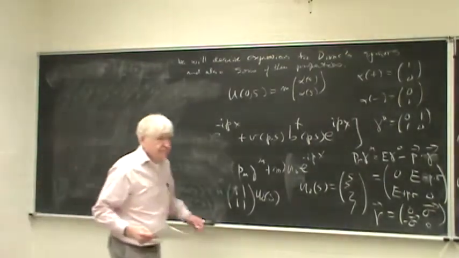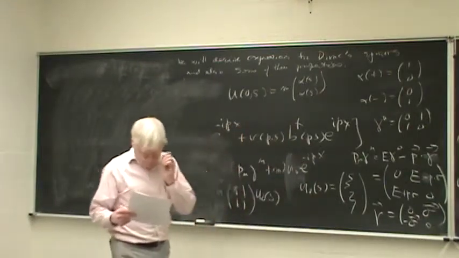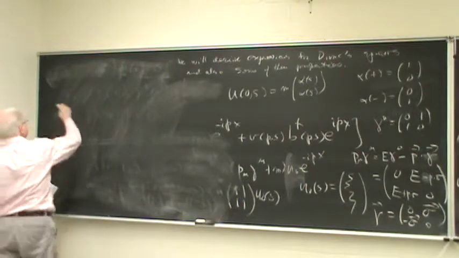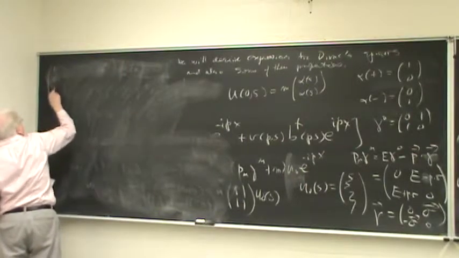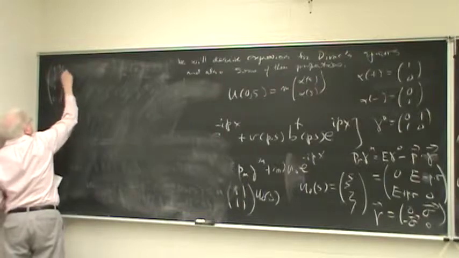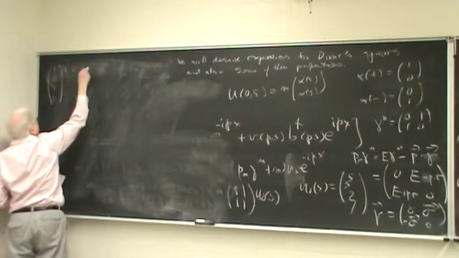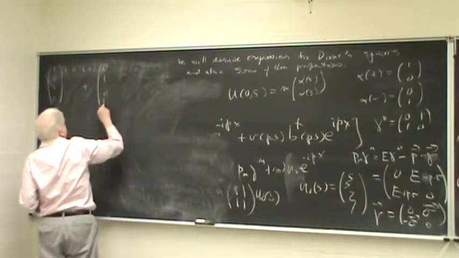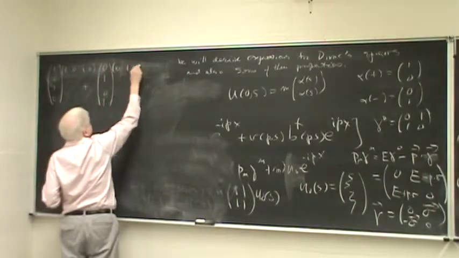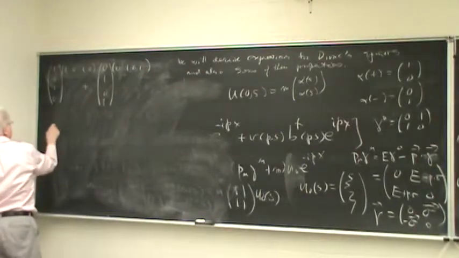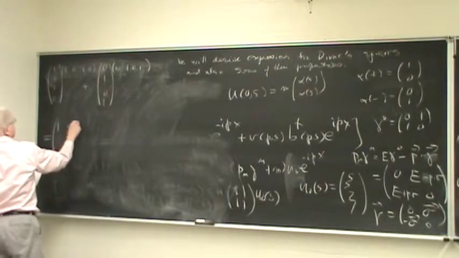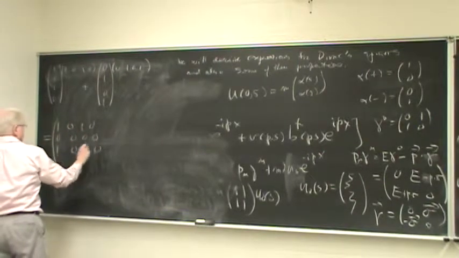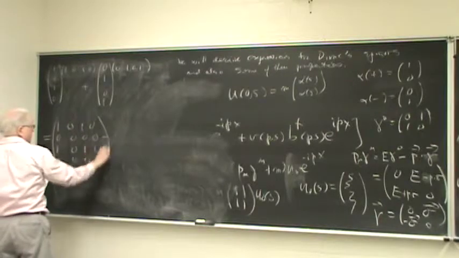Okay. All right, so what do we have then? Let's look at this. 1, 0, 1, 0, 1, 0, 1, 0, plus 0, 1, 0, 1, 0, 1, 0, 1. And this is equal then to 1, 0, 1, 0, 0, 0, 0, 0, 1, 0, 1, 0, 0, 0, 0, 0.